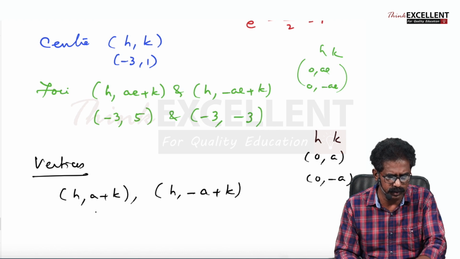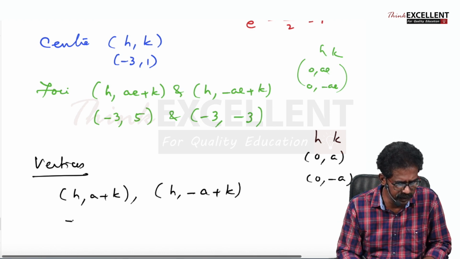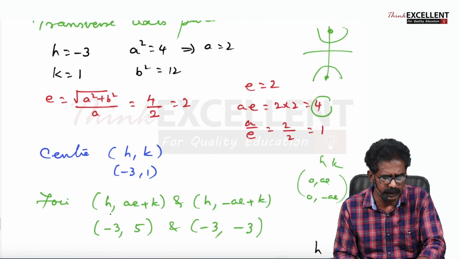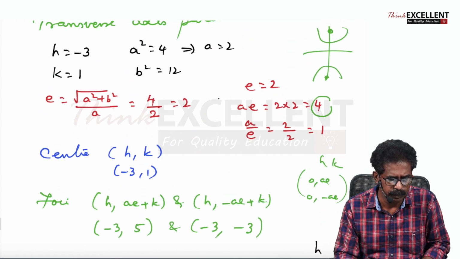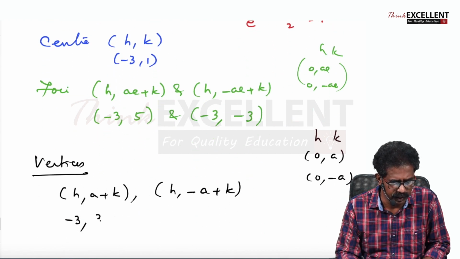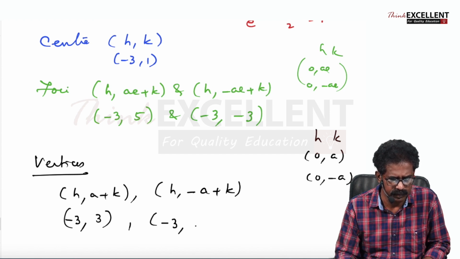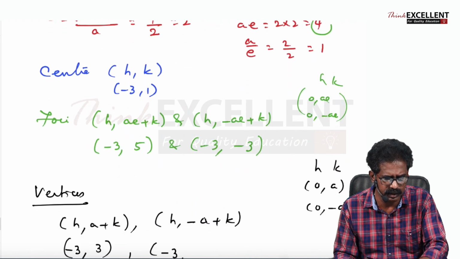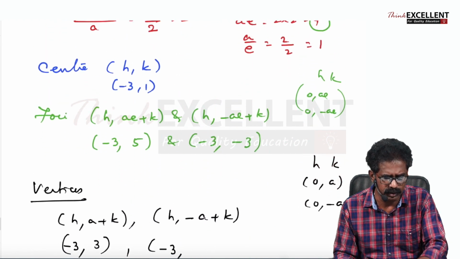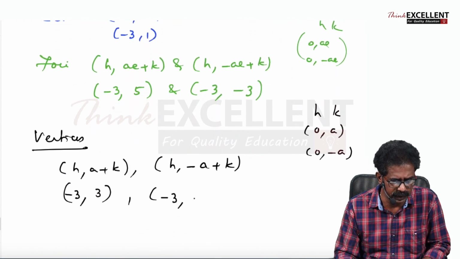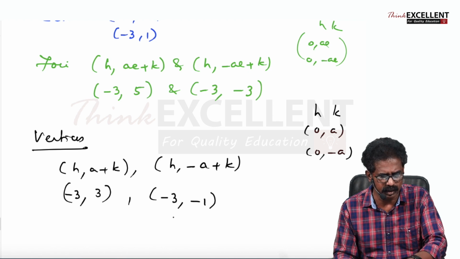Substitute h value minus 3, a plus k: a value 2 plus k value 1 is 3, so minus 3 comma 3. The next one is h value minus 3, minus a: a value 2, so minus 2, plus k, plus 1. Minus 2 plus 1 is minus 1. So these are the vertices.